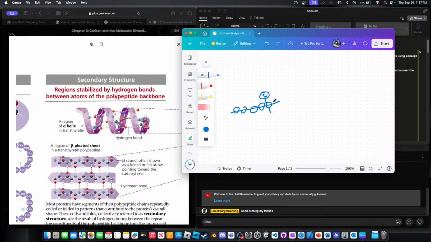Just for this case, let's do C as carboxyl groups, and then it's going to be paired up with the nitrogen. Here's our O over here. Got more, and then it paired up with nitrogen right over here. It's connected together. That is pretty much how it works. I think.